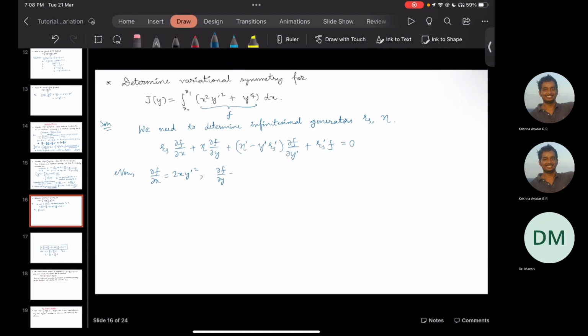Partial f over partial y is 4y cubed, and partial with respect to partial y prime is 2x squared y prime. Fine. And we already know that the epsilon prime is, I will write L in terms of subscript, plus y prime, and likewise.